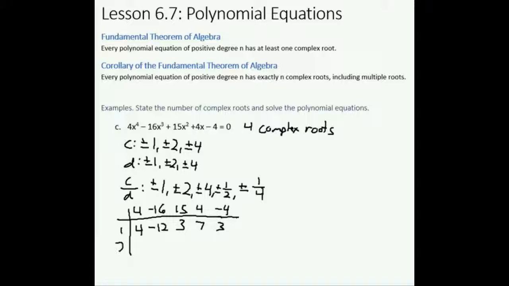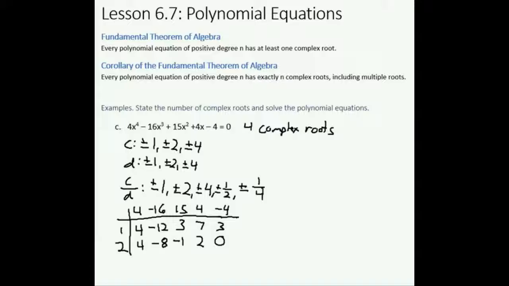Let's try 2. Bring down the 4. That's 8. 8 and negative 16 is negative 8. 2 times negative 8 is negative 16 plus 15 is negative 1. 2 times negative 1 is negative 2 plus 4 is 2, and 2 times 2 minus 4 is 0. So this works.